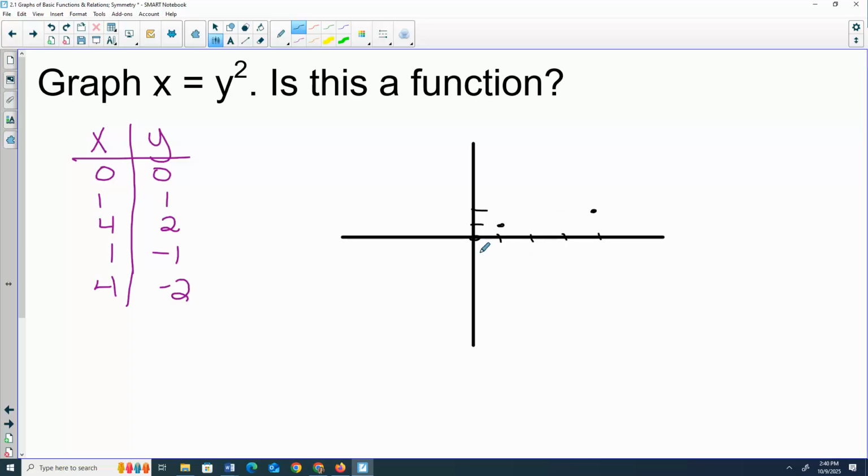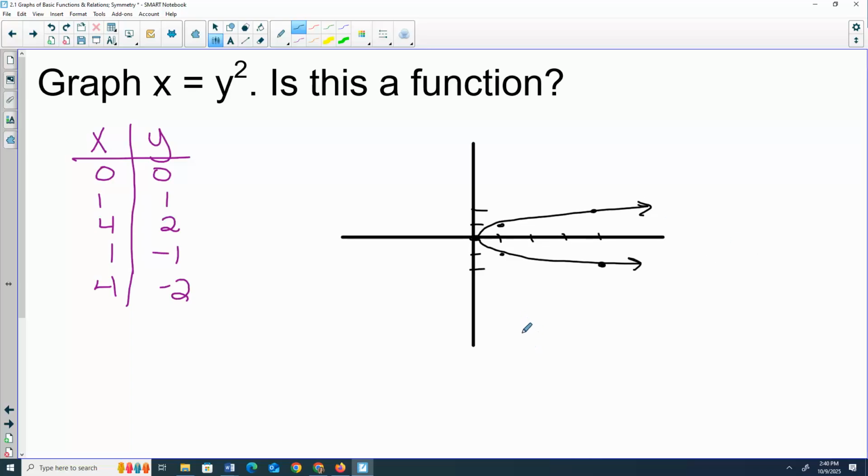So if I plot these, what do we get? Have a parabola flipped on its side.